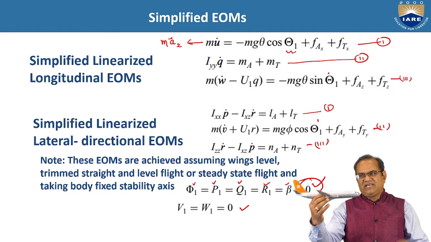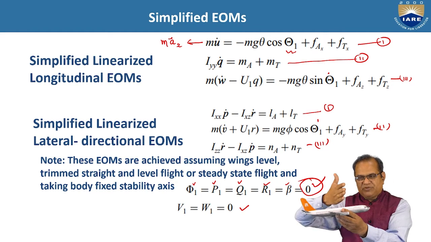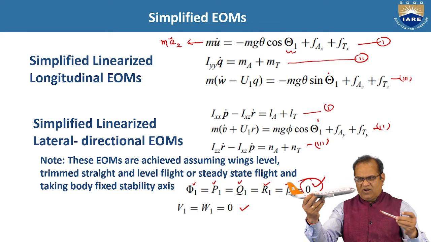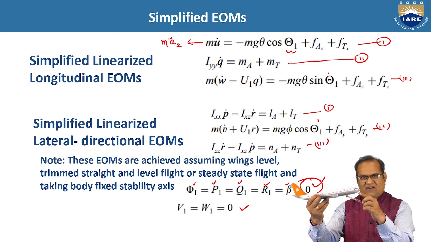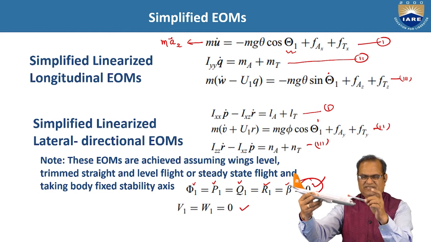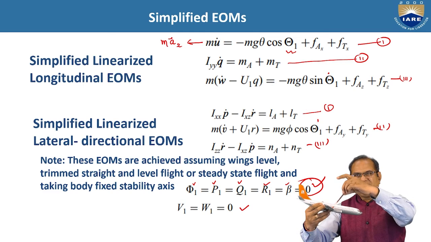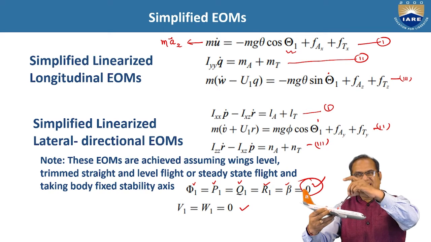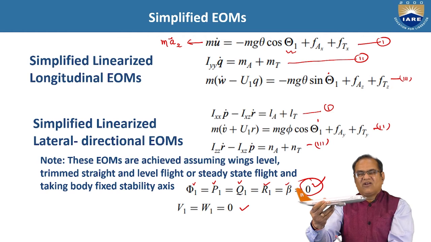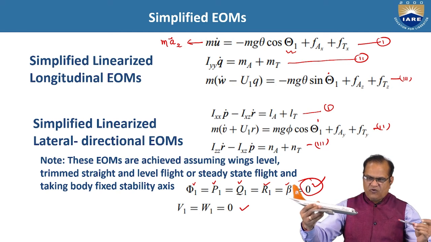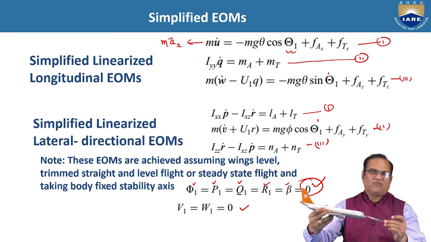If the aircraft is flying with body axes XB, YB and ZB, and the flow is like this, this is the angle of attack. If you make this XB match the XS stability axis, then what will happen? There will not be any velocity in the V1 direction, and there will not be any vertical velocity, because the flow is parallel to the direction of flight.